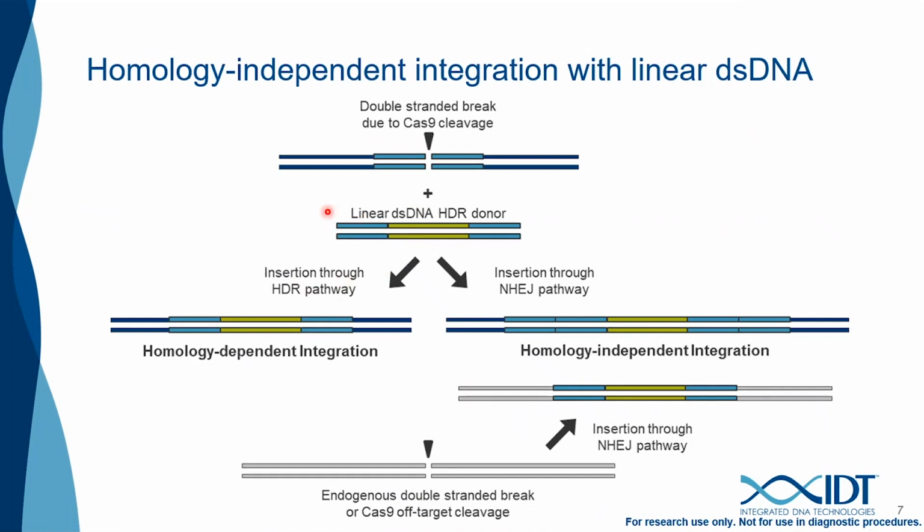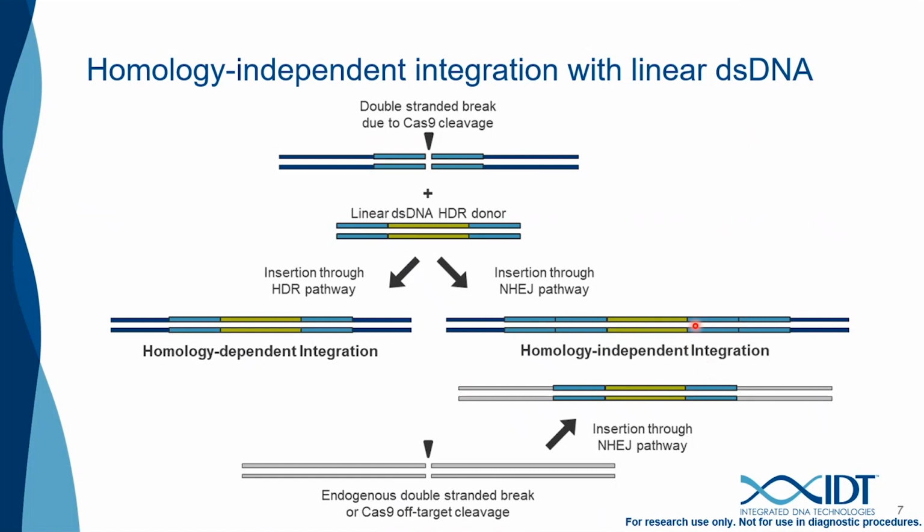However, because these blunt ends can also be recognized by the NHEJ repair machinery, this linear double-stranded DNA can actually get blunt ligated into the double-stranded DNA break. And so when this happens at the on-target site for Cas9, it results in the duplication of one or both of the homology arms at the on-target site. And we're referring to this as homology-independent integration or blunt integration.